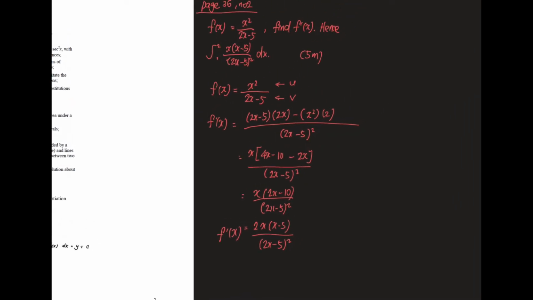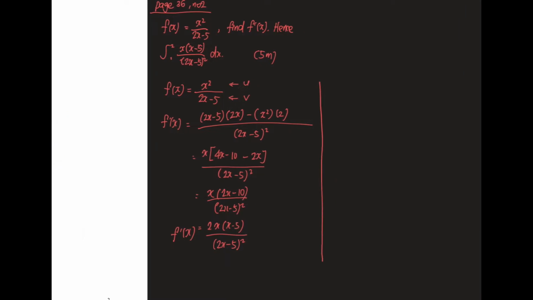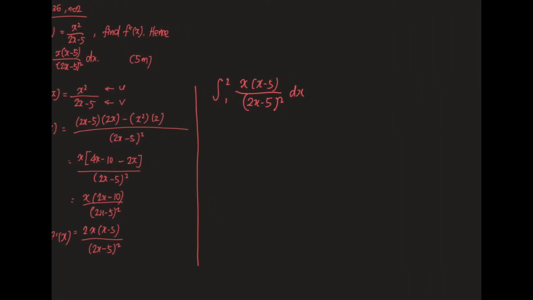Once we have found f prime of x, now we have to use it to evaluate the integral. We need to integrate x(x minus 5) over (2x minus 5) to the power of 2. We understand that when you integrate dy dx, you will get y.